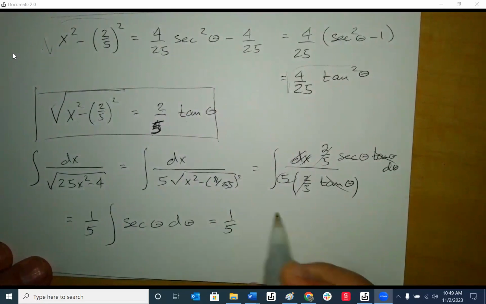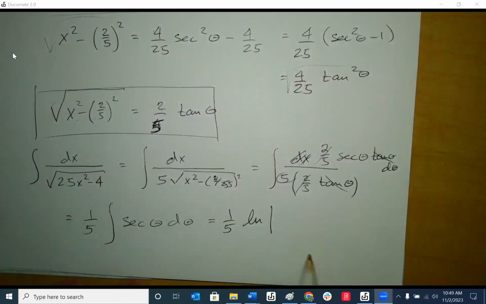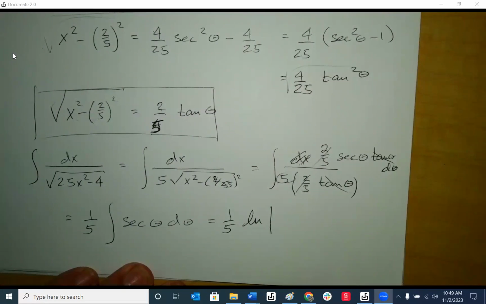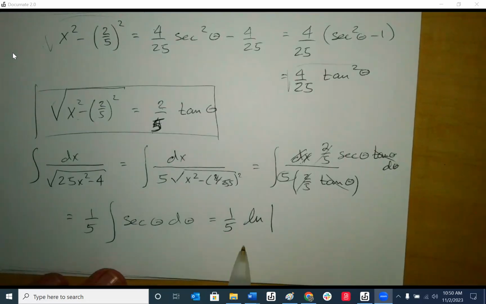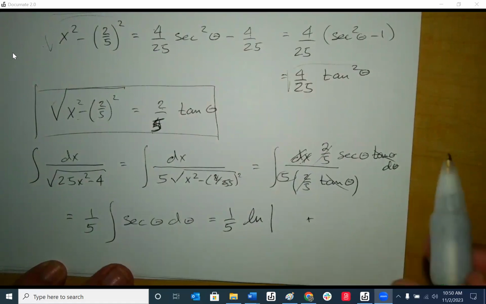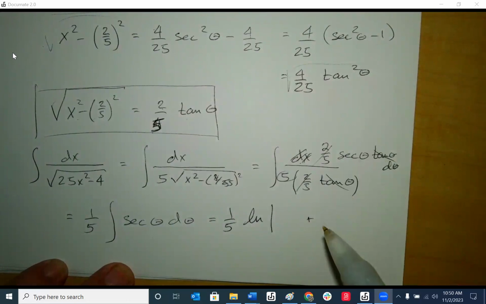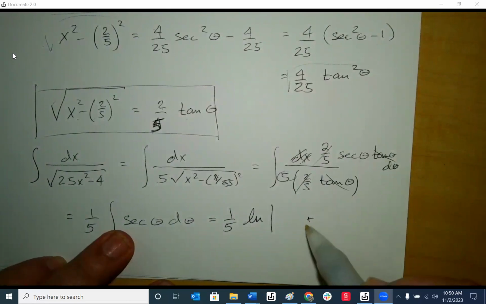This is 1/5. The integral of secant is ln of secant theta plus tangent theta.